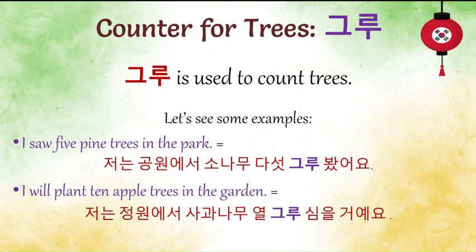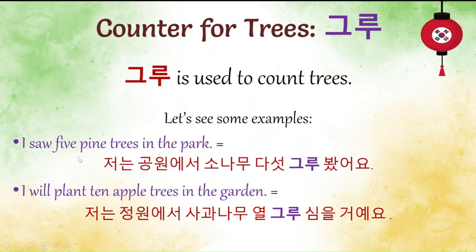Okay, now you can never imagine that you have to use a counter for counting trees also. And there is a counter for counting flowers or bushes or stems. Okay, so you have to focus on how detailed this language is. So the counter for trees is 그루.